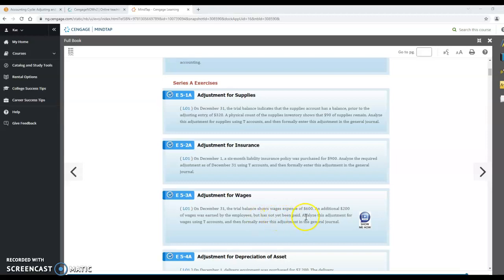So they haven't been paid this. So we hadn't recorded it yet since we hadn't paid it yet. And so now on December 31st, we have to say, well, if we used the employees any amount that belongs in December, where the employees actually worked in December, then we have to show that as December wages.